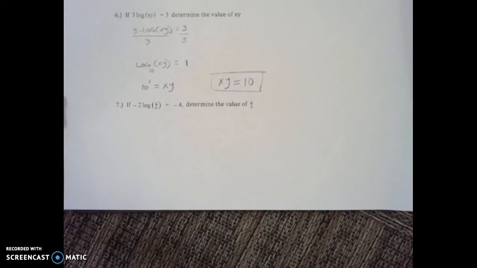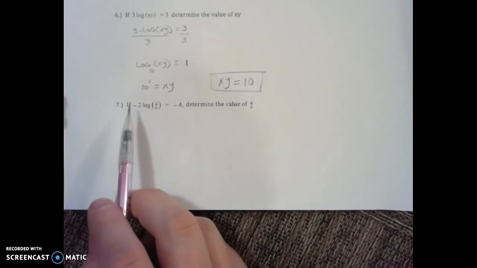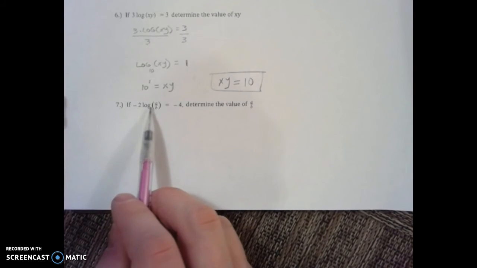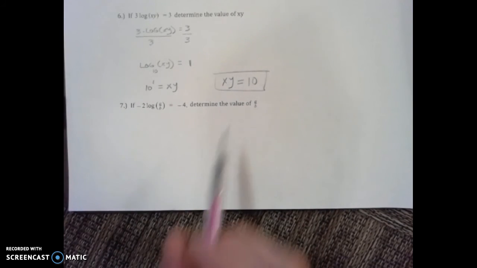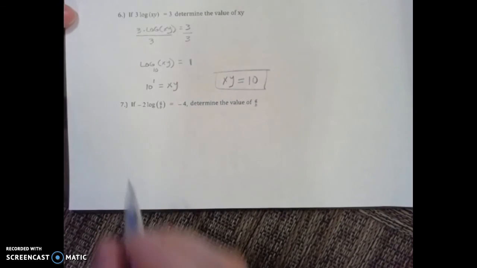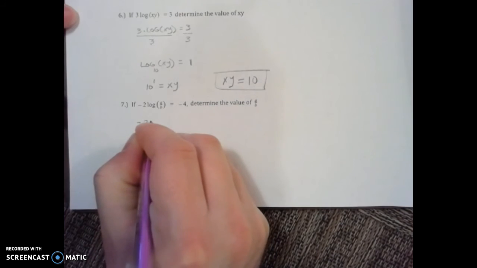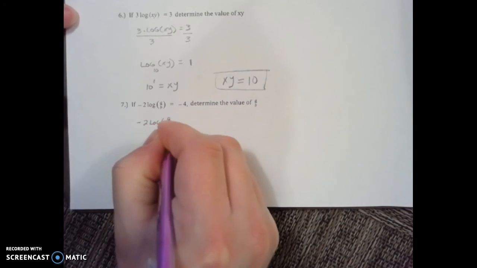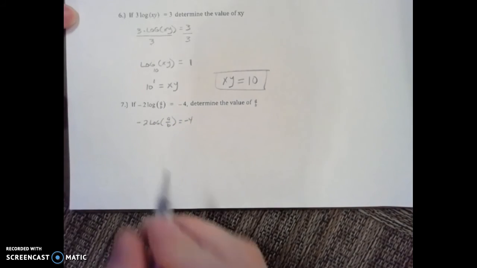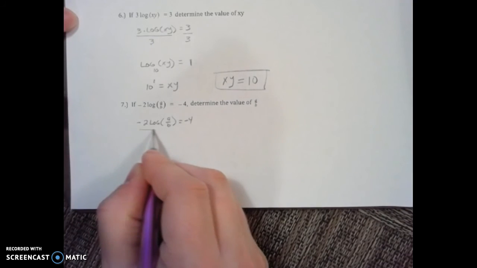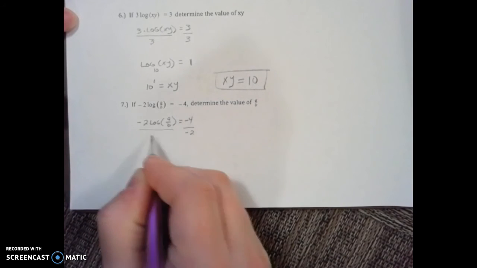Example 7 is very similar to example 6. It says if negative 2 times the log of a over b is equal to negative 4, determine the value of a over b. So I'm going to start by rewriting it. Negative 2 times the log of a over b equals negative 4. And the first thing I'm going to do, I'm going to divide each side by that negative 2.